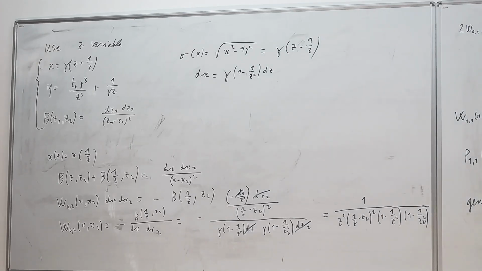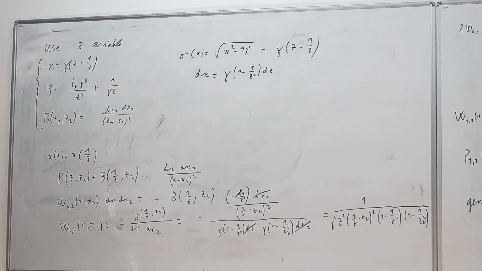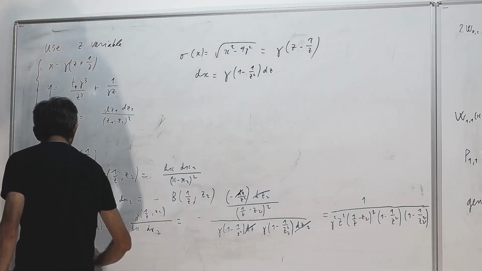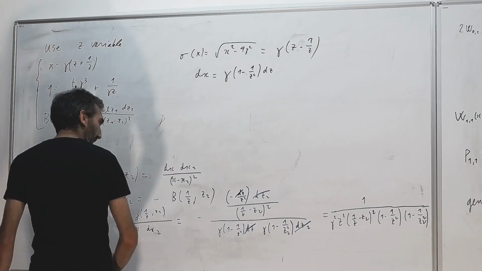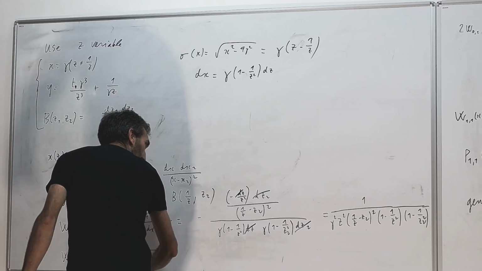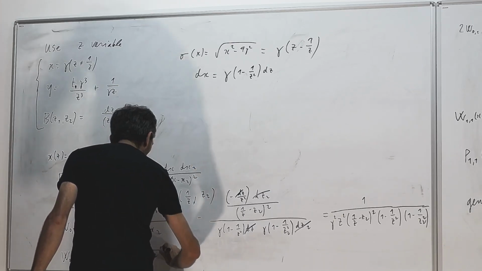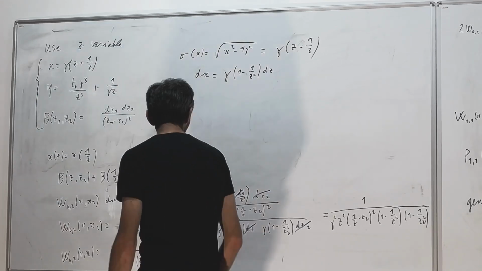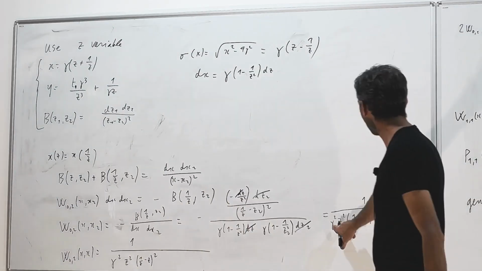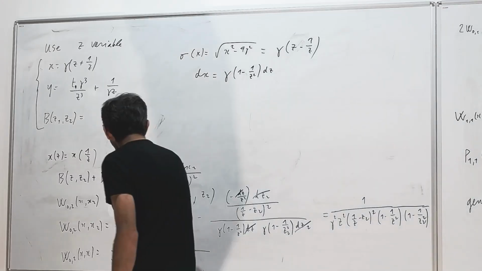Over gamma square. Which leads us to W02 of x, x2 equals 1 over gamma square z square, 1 over z minus z2 to the square times, well, in fact, I will multiply this 1 over z here and 1 over z here, and when I do that, I just get back to the 4.